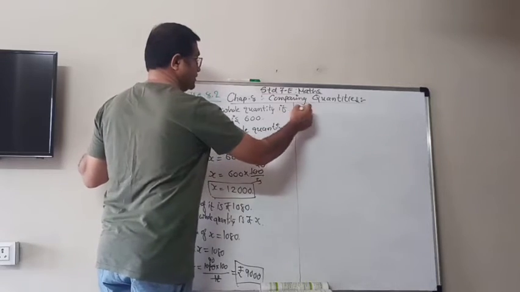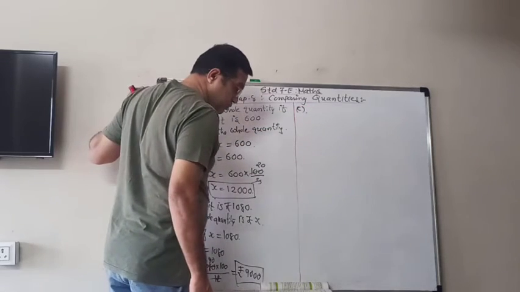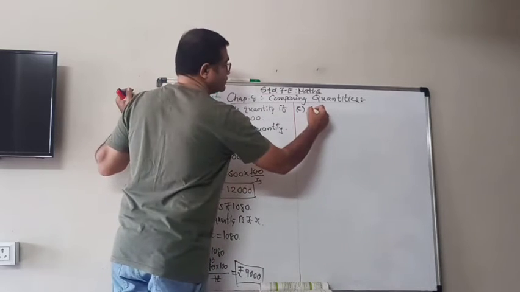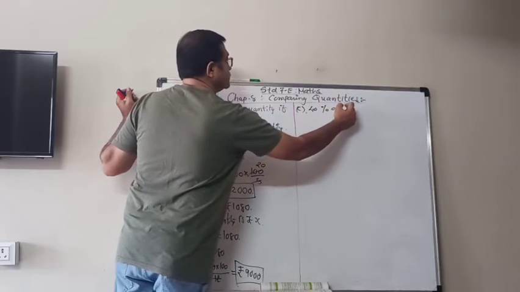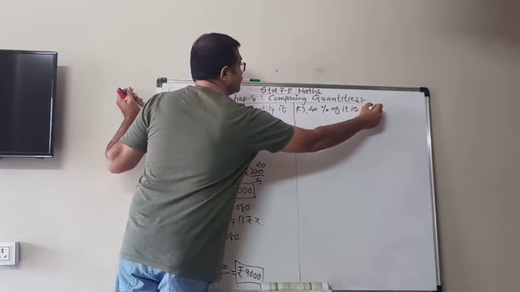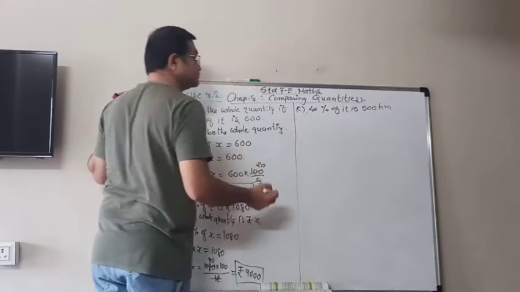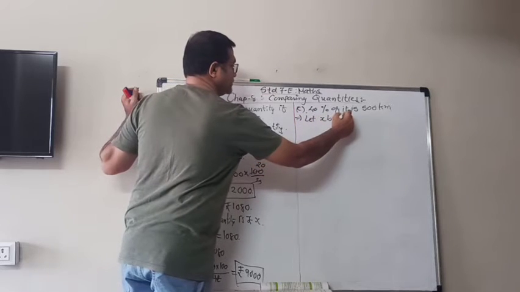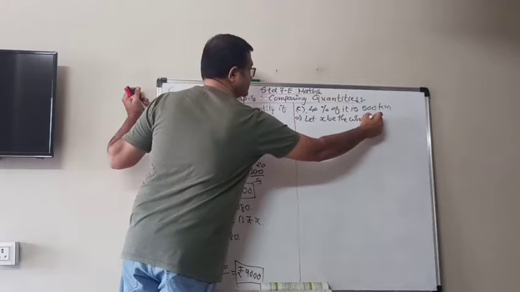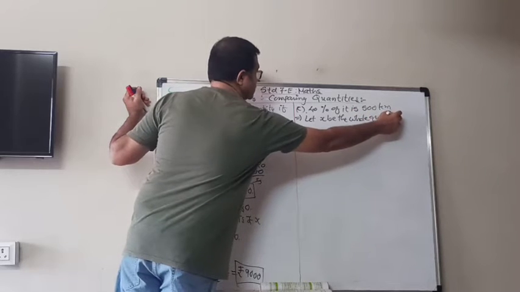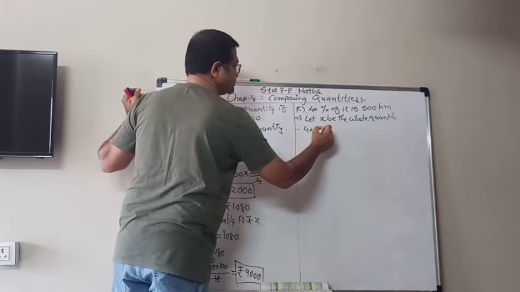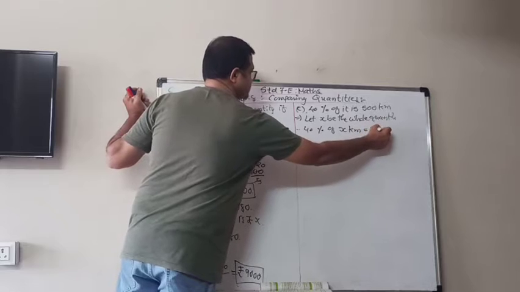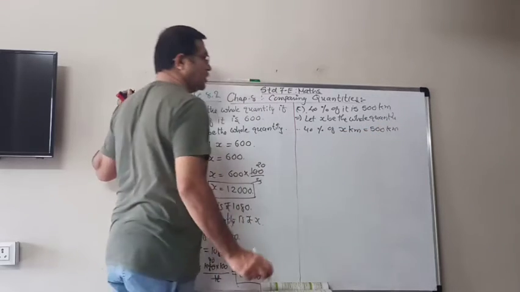Let's do the next one. C. 40% of it is 500 kilometers. So here also let x be the whole quantity. So 40% of x kilometer is equal to 500 kilometer.